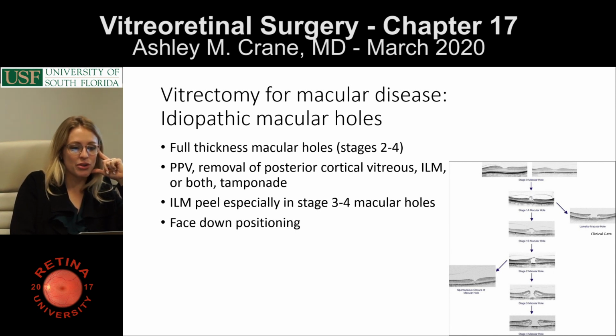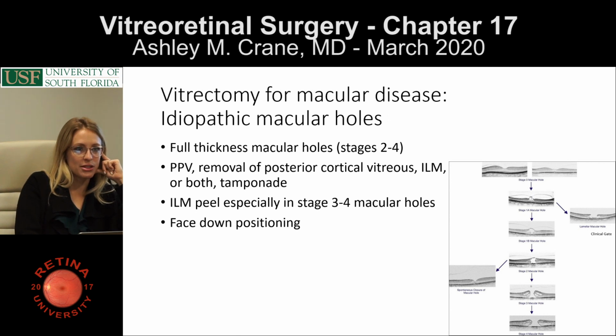But the surgery for them is to perform a vitrectomy, lifting the hyaloid if it's still down, removal of the peripheral vitreous, and depending on which stage of hole you have, you can peel off the internal limiting membrane with forceps.